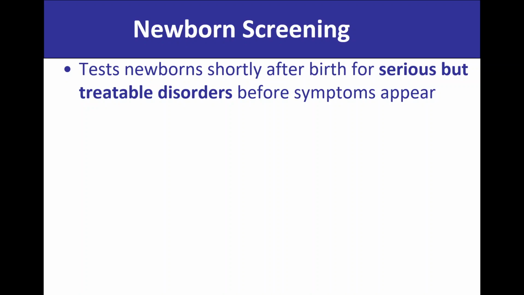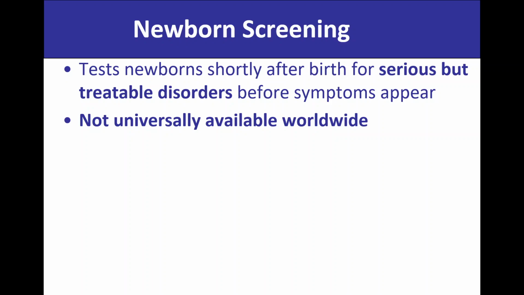Newborn screening is when you test a newborn shortly after birth for serious but treatable disorders. Treatable doesn't mean that there is a cure, but you can manage them. And usually, for amino acid metabolism, you have to give them a specific diet, like you avoid the amino acids that they cannot metabolize.